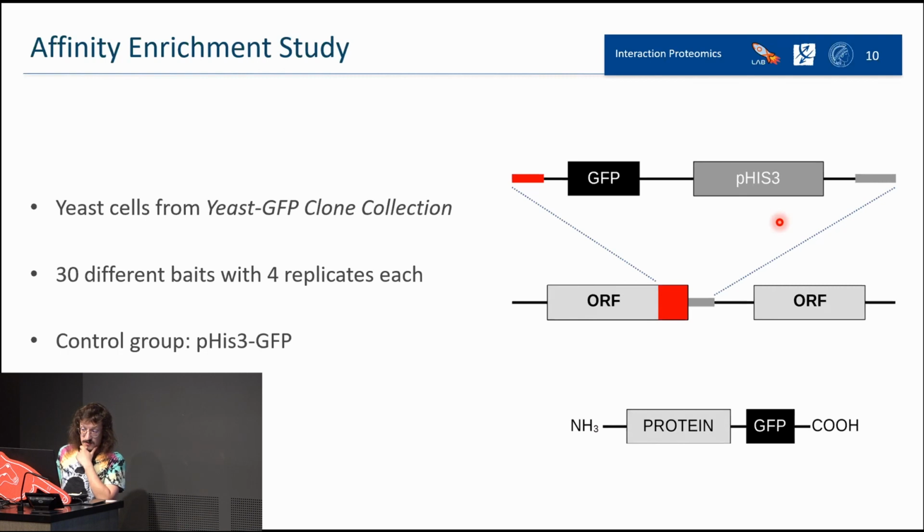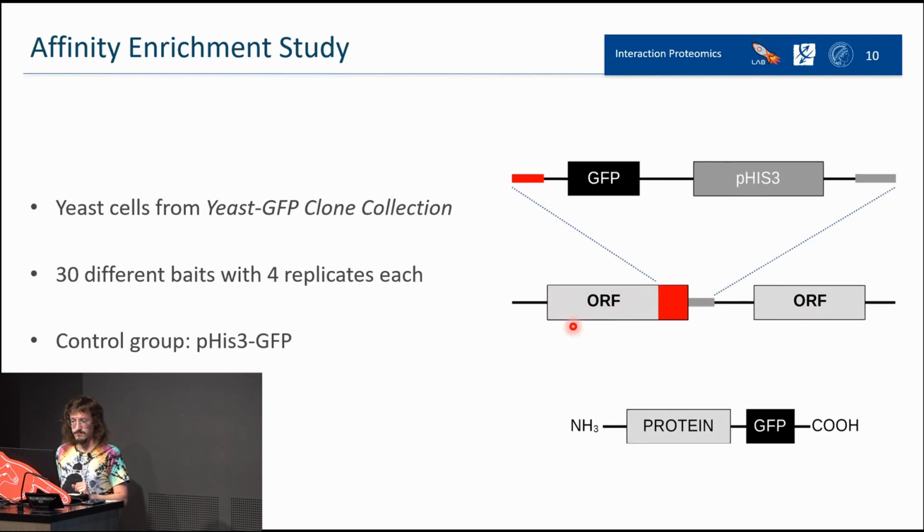Here, in case you're interested in some more specific information regarding this experiment, as I said, they used a GFP domain. They inserted GFP into some specific part of the genome in order to create the bait.